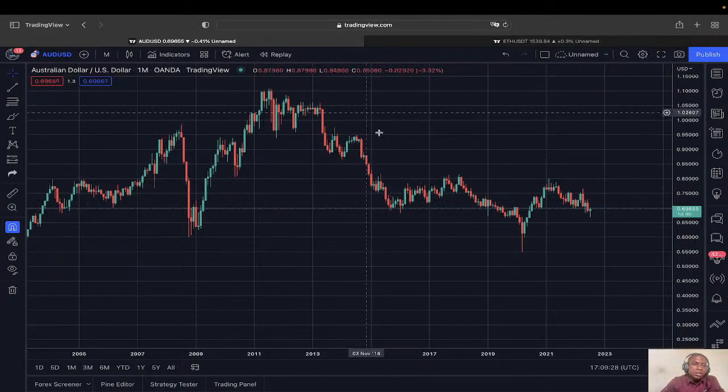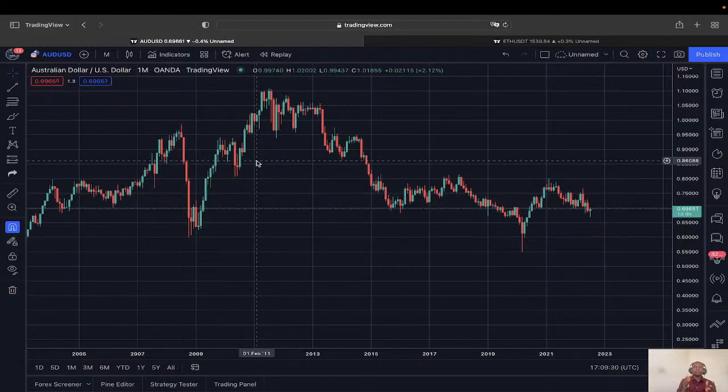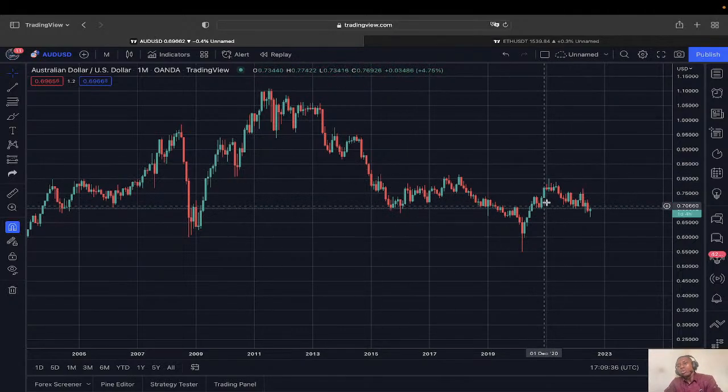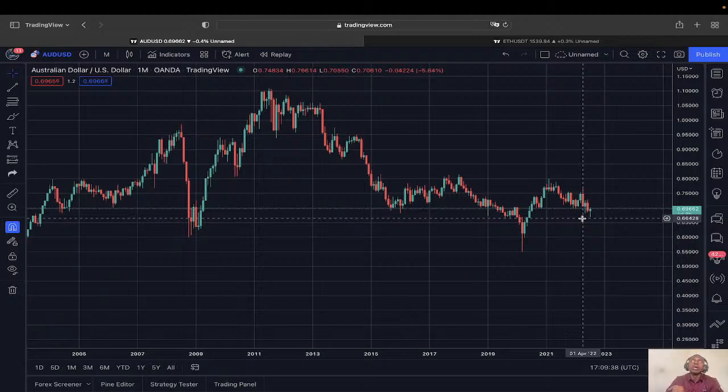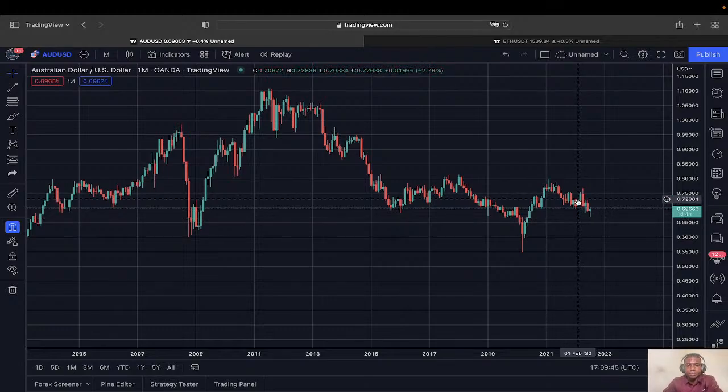You can see that this is the monthly time frame, and like I say, on the monthly time frame, each candle was formed in 1 month. So it took 30 to 31 days to form one candle on the monthly time frame.